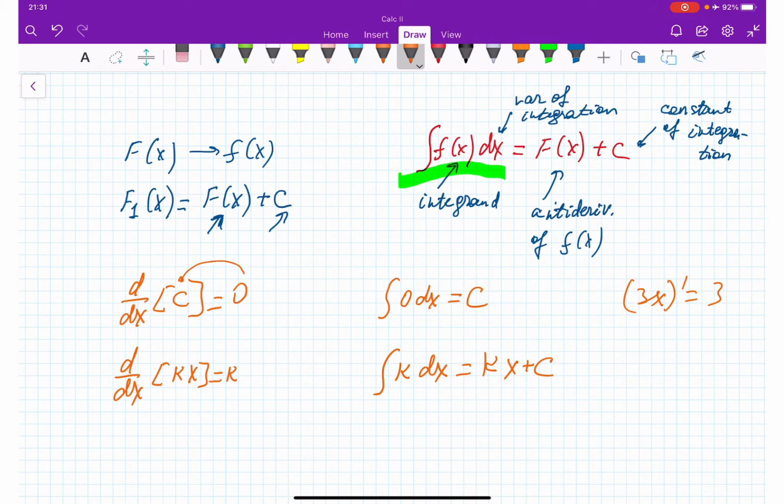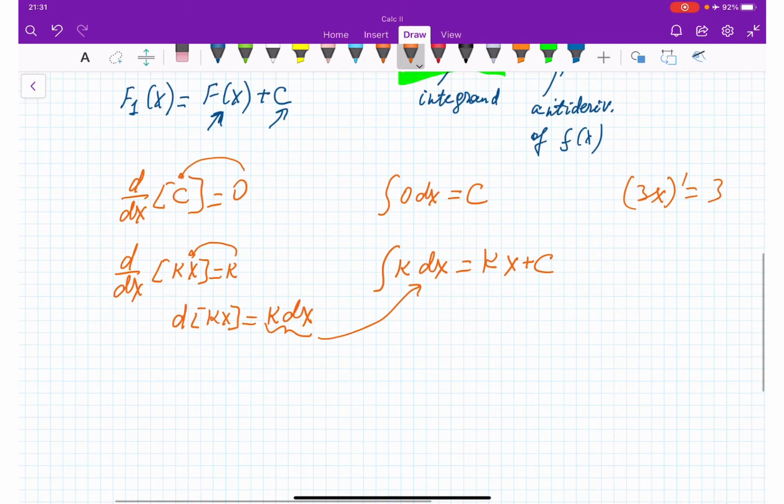If you want to figure out how to write down the integral, you go backwards from here. Integral k dx, where does dx come from? From d of kx, right? I can write down that d of kx is equal to k dx, and this piece goes under the integration. Okay? Next.